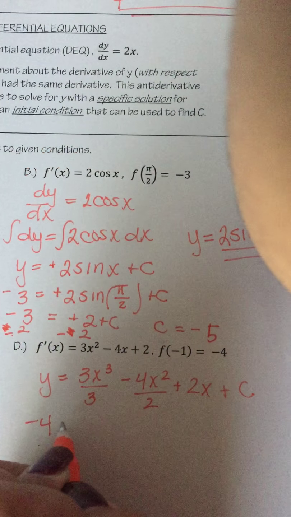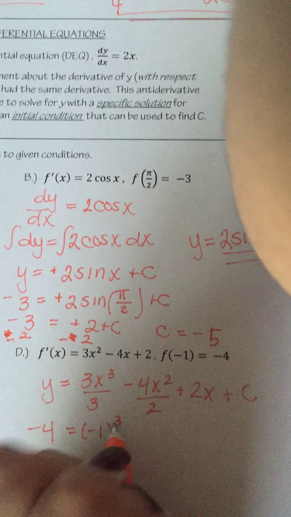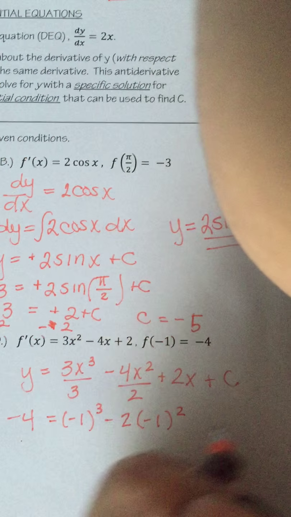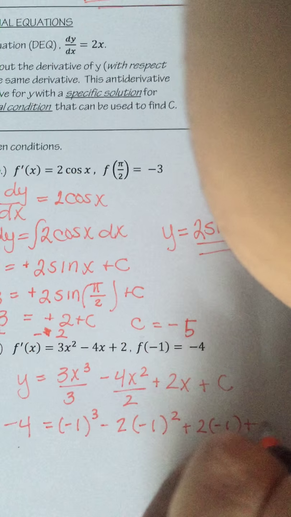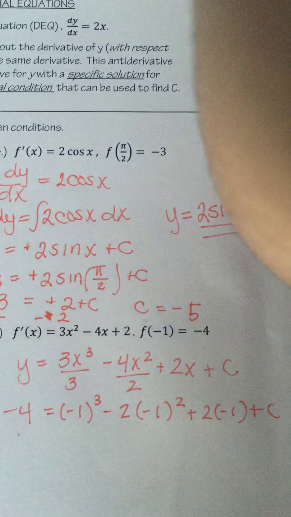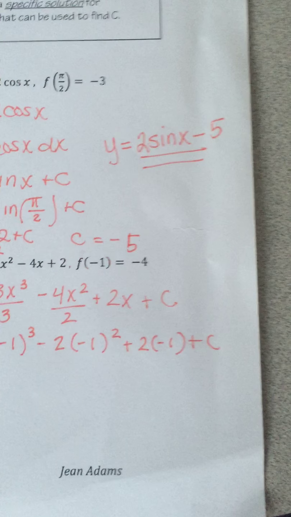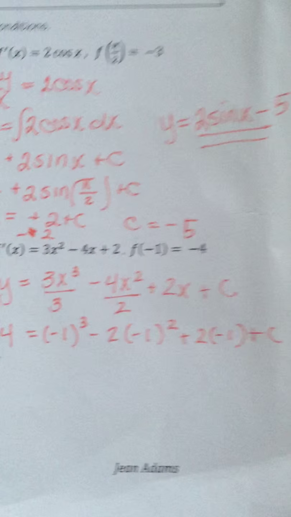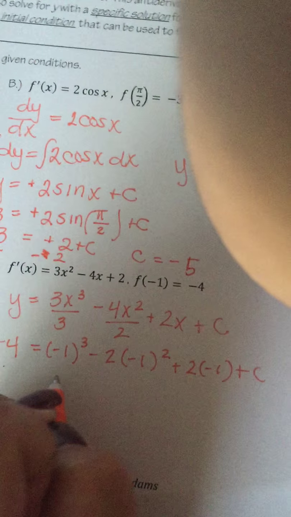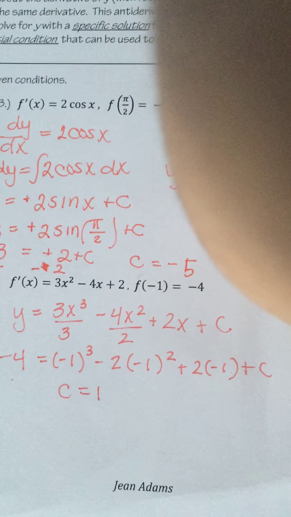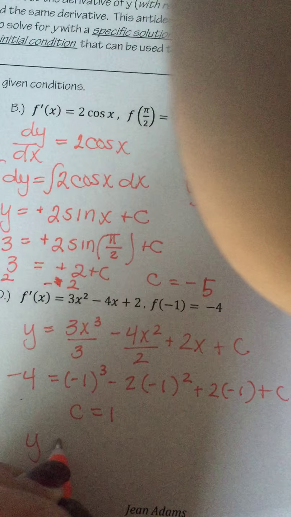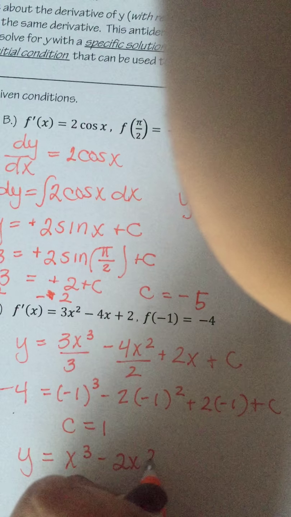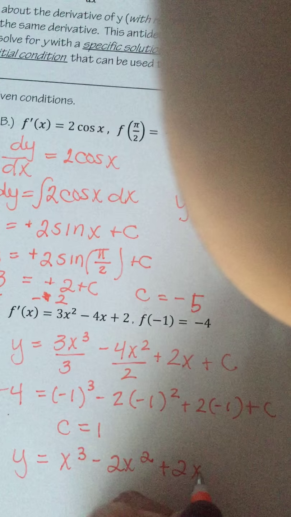So our initial condition, negative 4 equals negative 1 cubed, because I can simplify at this point, minus 2 times negative 1 squared, plus 2 times negative 1, plus c. Simplifying all this and solving for c will give us a value of c equal to 1. So our final equation will be y equals x cubed minus 2x squared plus 2x plus 1.